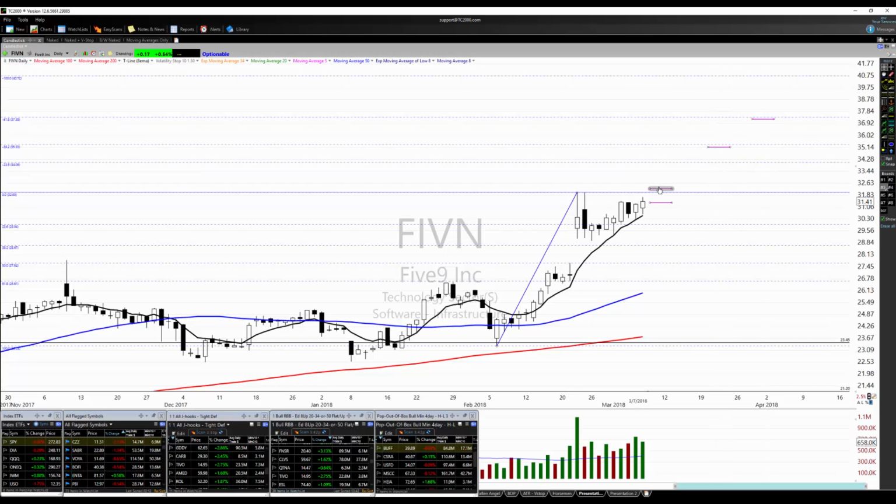So we're looking at an entry someplace around 32 and a quarter, a stop around 31.35, and about a 35.20 first target, and a 37 and a quarter second target.